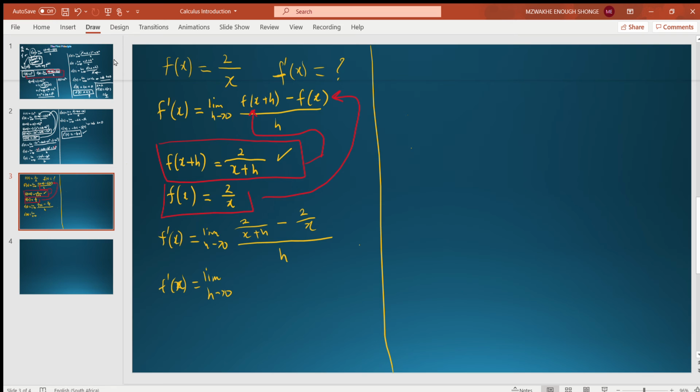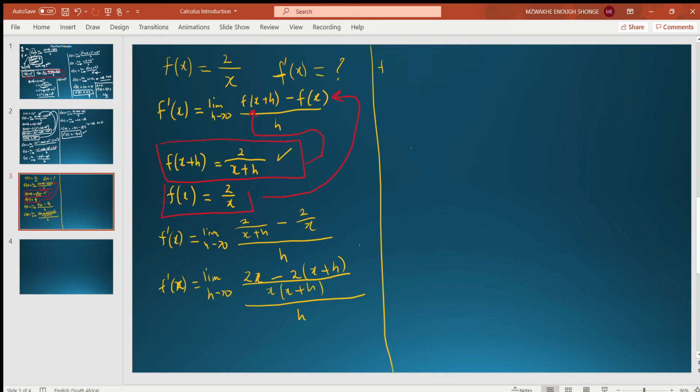So first step, you're going to say 2 multiplied by x, which is 2x, minus x plus h multiplied by 2, which is 2 times x plus h, all over x multiplied by x plus h, and everything is over h. This is the second step.